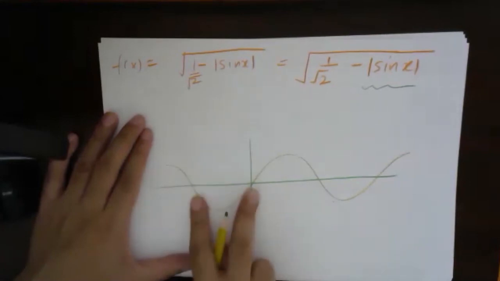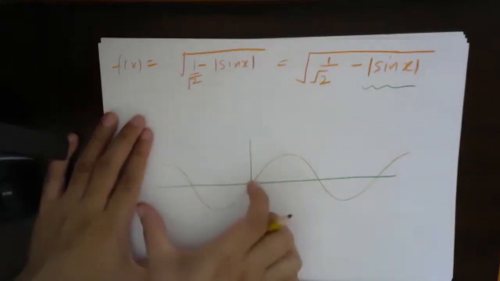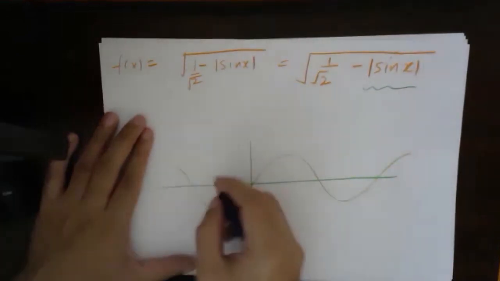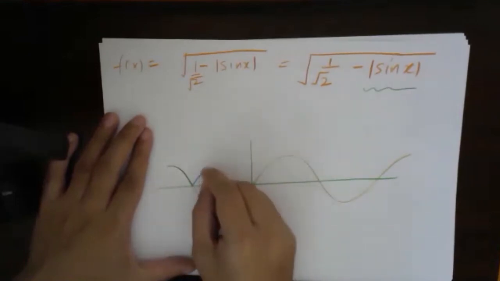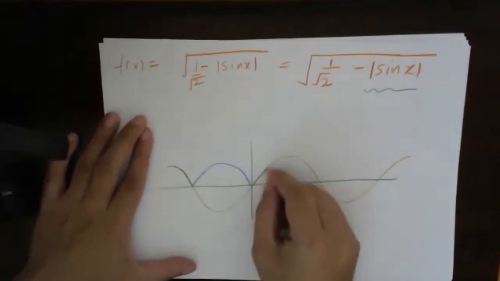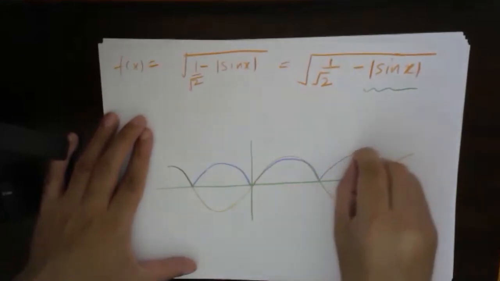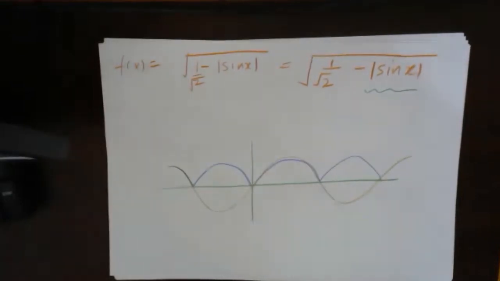Fine, so one set of representation, one similar, and then this one. But because it is a mod, we know the negative part will also become positive, so it will become something like this. So this is basically mod of sin x, right?